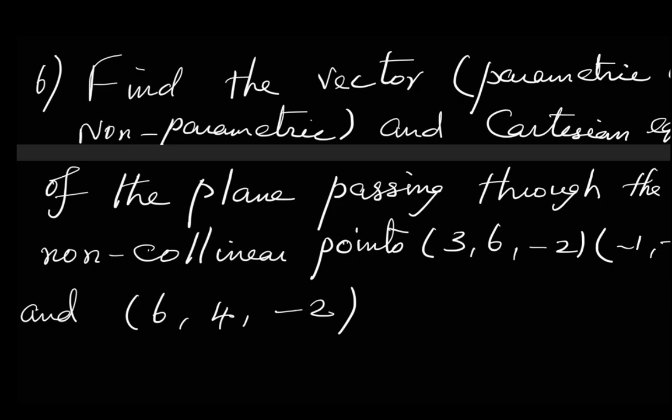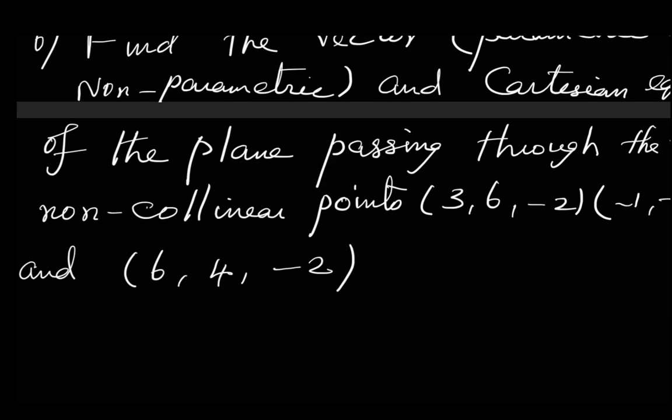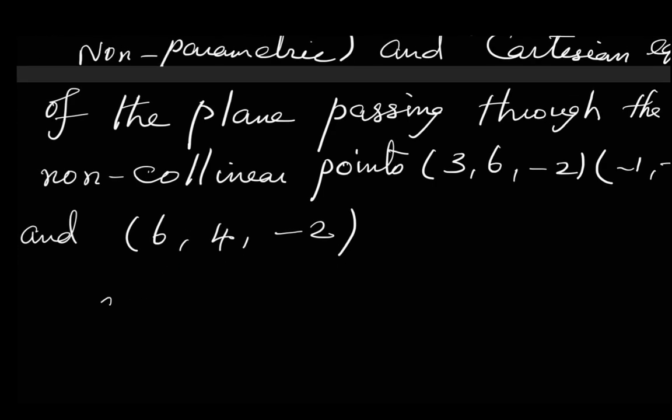See the sixth sum: find the vector form both in the parametric form and non-parametric form, and also the Cartesian form of the plane passing through the three non-collinear points (3, 6, minus 2), (minus 1, minus 2, 6), (6, 4, minus 2). So all three are points.